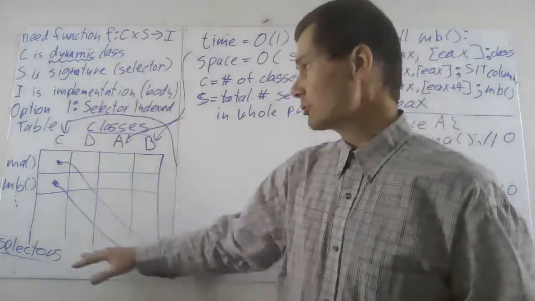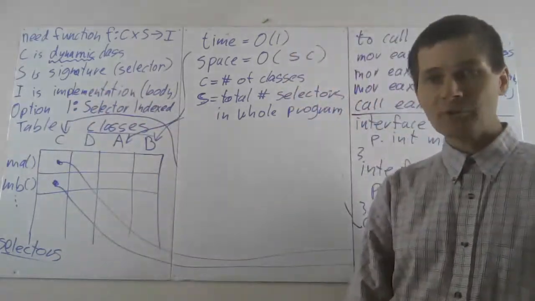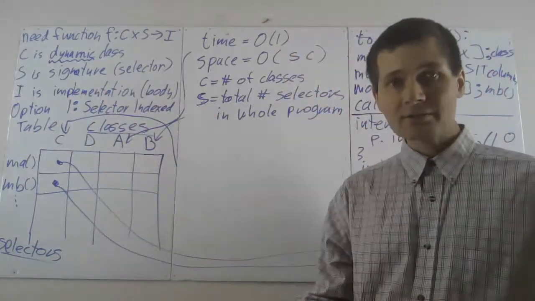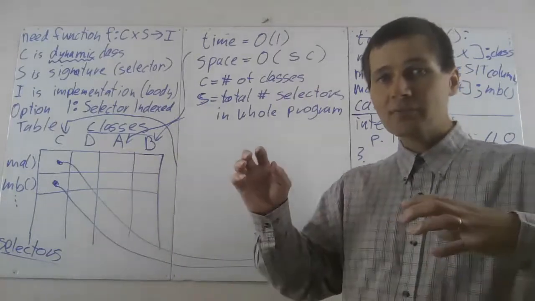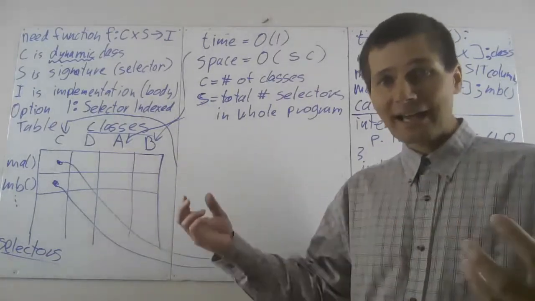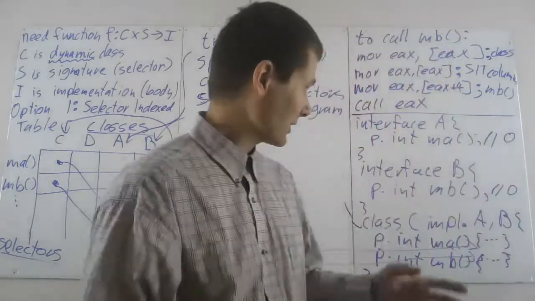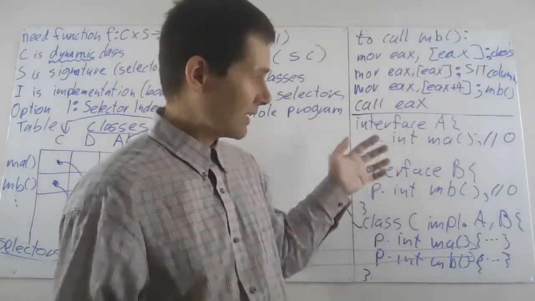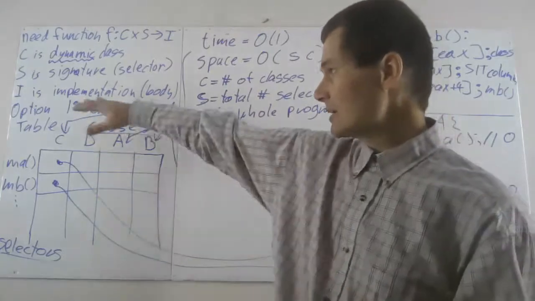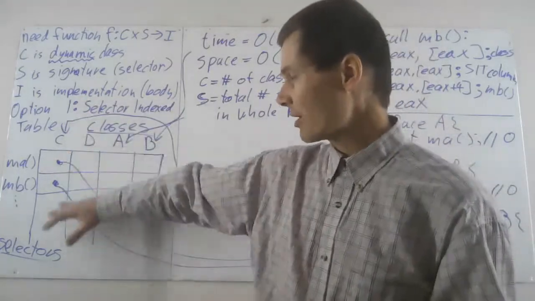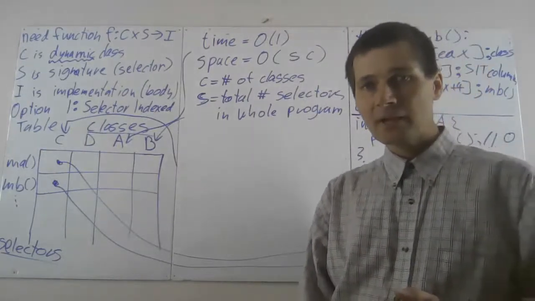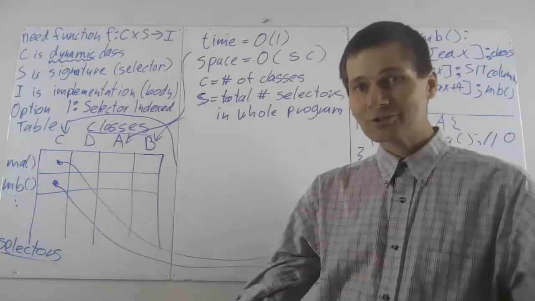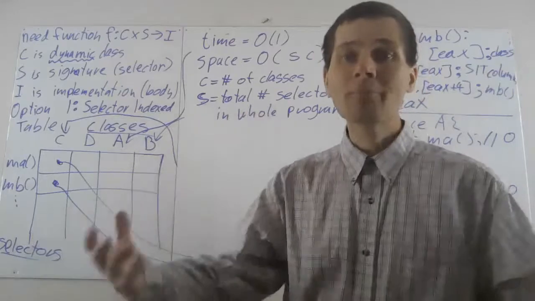So you could use the selector index table for all methods, not only for interface methods, right? Methods that are ever mentioned in an interface need a slot and offset in the selector index table. But this is a general data structure that could be used for all methods in the program.